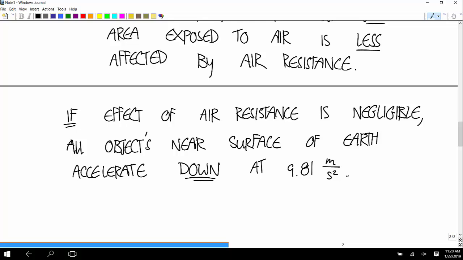This kind of stuff about the effect of air resistance determines how high or low that terminal velocity is. But what the terminal velocity is: since air resistance increases as the speed increases, and as the thing falls, it's getting faster and faster, little by little the air resistance force is going up while the weight force stays the same.